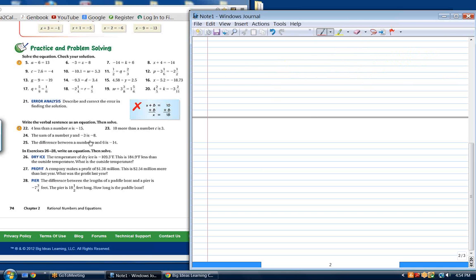Okay, the sum of a number y and minus 3 is minus 8. So it would be y plus negative 3 equals negative 8. And it could also technically be y minus 3 plus negative 8.